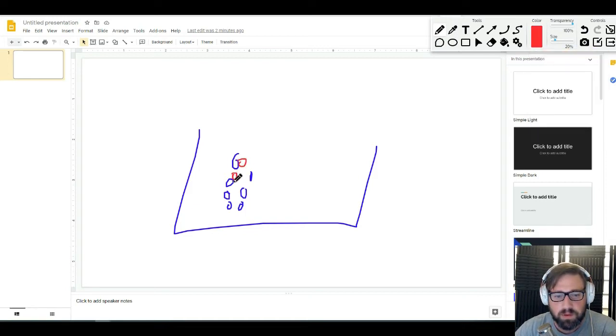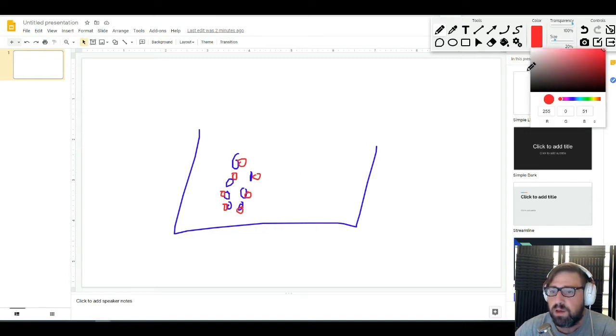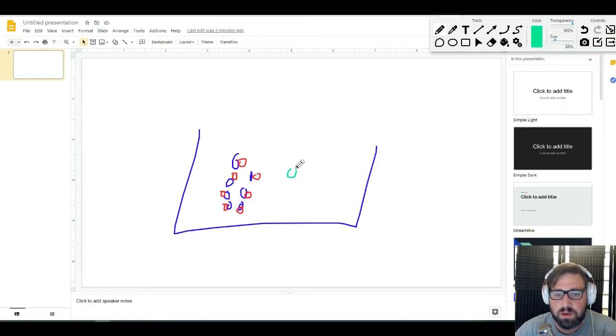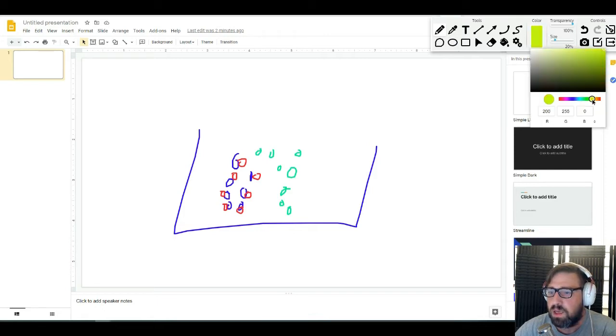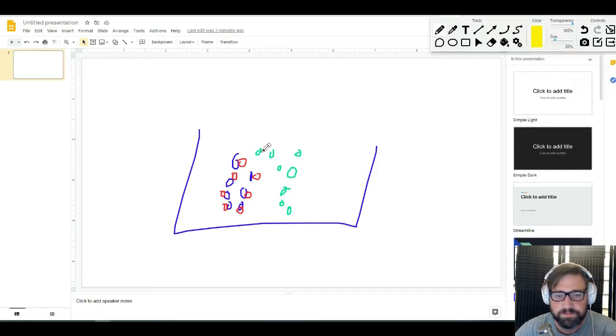There we go. So now these guys, it's a compound. It is two separate atom types, red and blue. So this is going to be a big clump here. And then on the other clump is going to be green, and let's make this yellow.